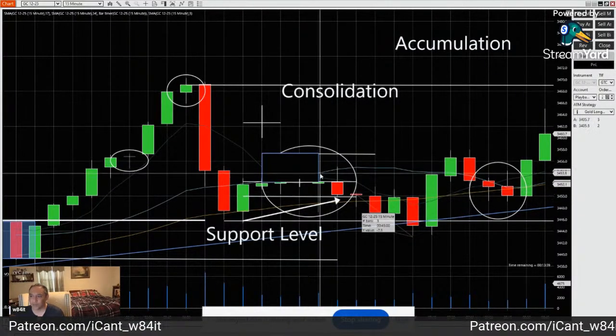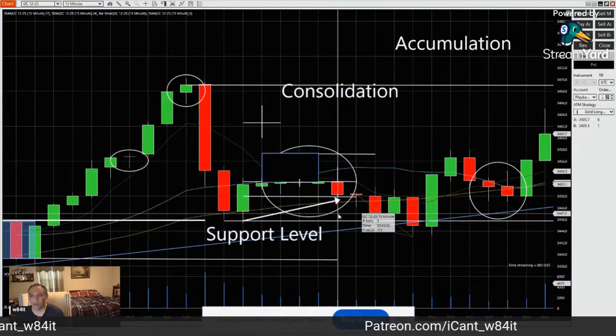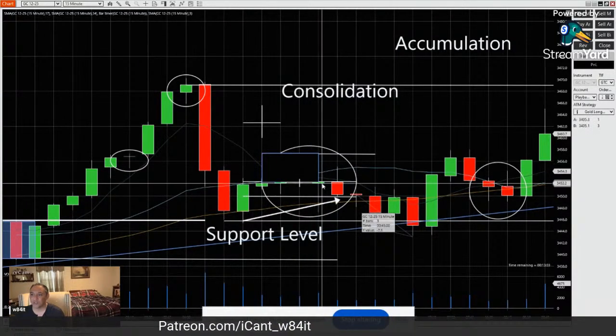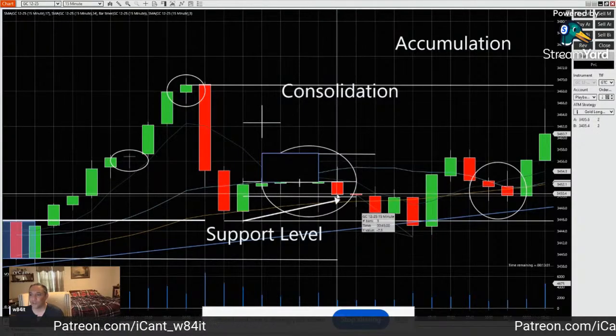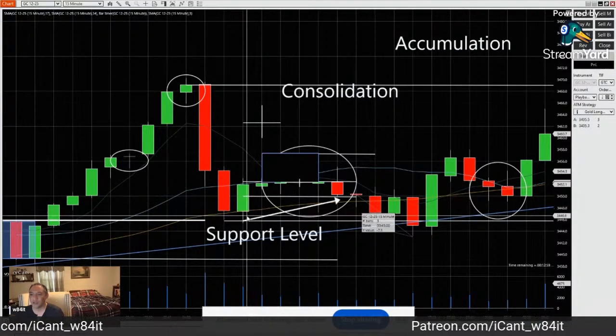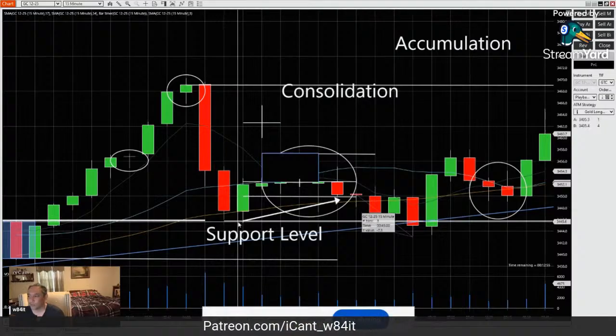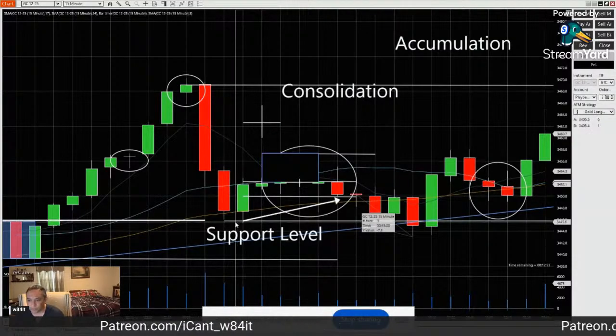And if it sets up the way you want, then you can take your trade. You don't need to predict a reversal. You just need to wait for the proof and then trade in the momentum, right? We know that our support level is down here at 3445.6.